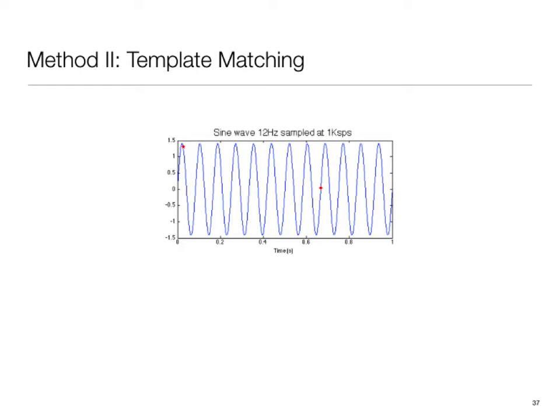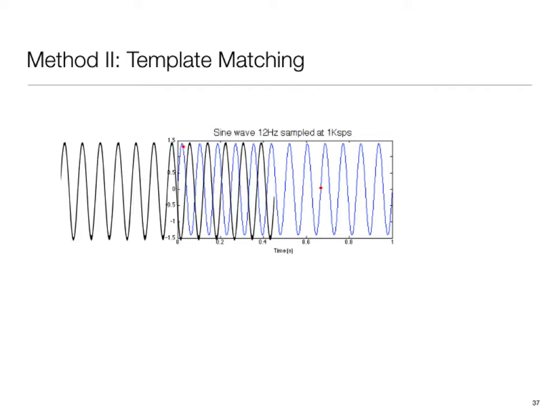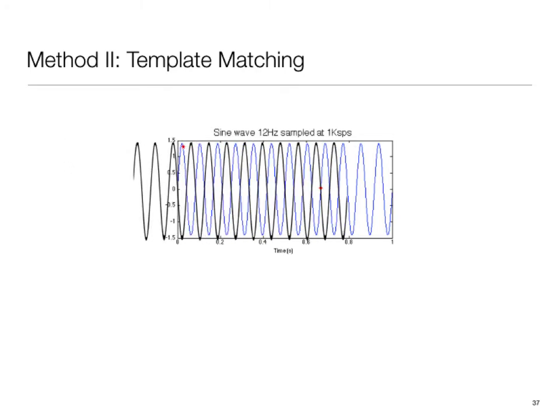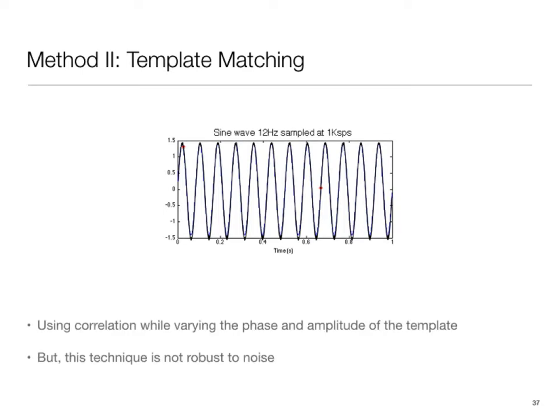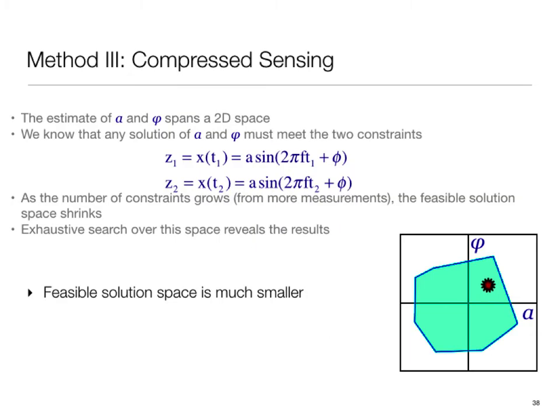Another method which we could do is a search. I know the frequency, so I can take a waveform of that frequency, and then I can do a correlation until I hit a peak. And that way I can get the phase, and I can do the amplitude estimation using this template matching kind of approach. So that's another approach we could do.